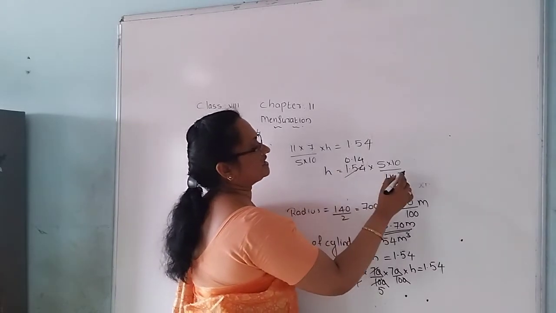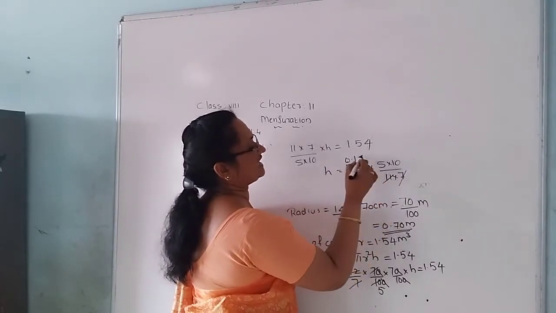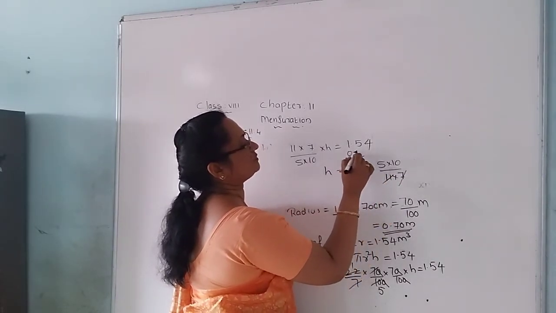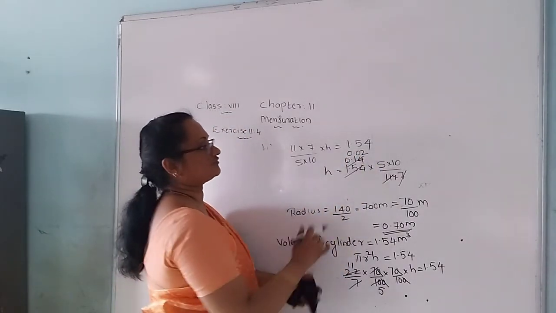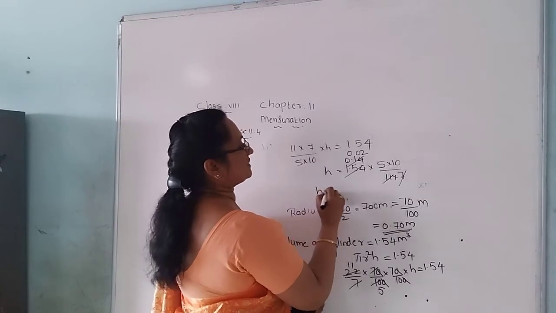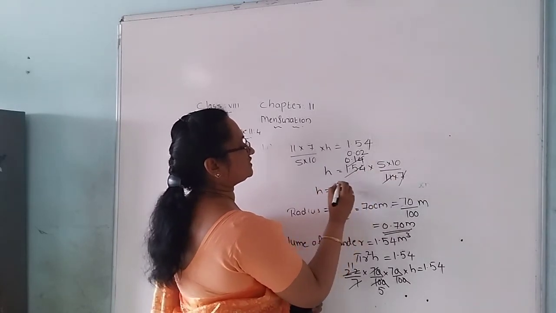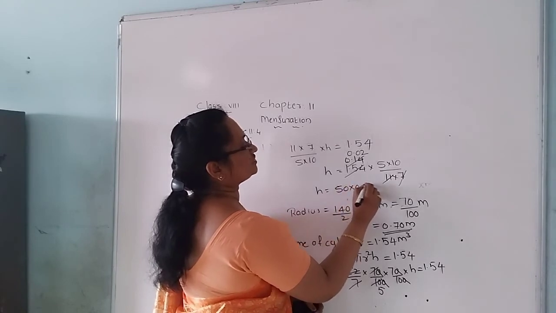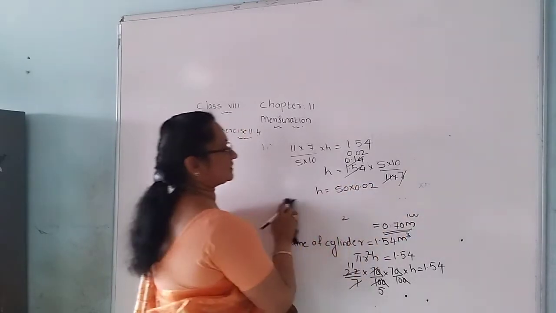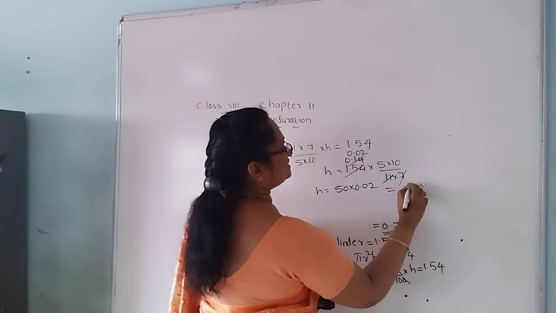Then again 7 table is possible. 7 and 0.14 means 0.02. So the denominator fully cancels. In the numerator, multiply 5 into 10, which becomes 50. 50 into 0.02 multiplied, how much? 2 fives are how much? 10 coming.